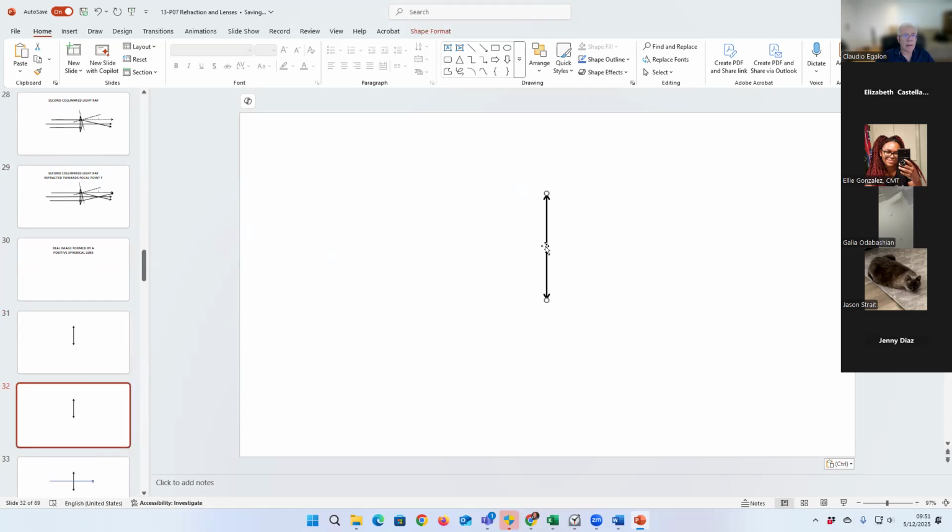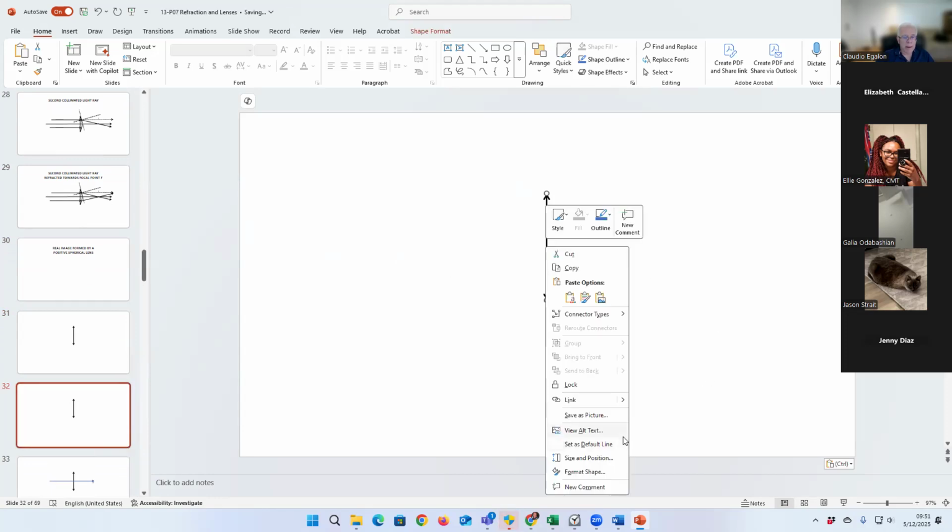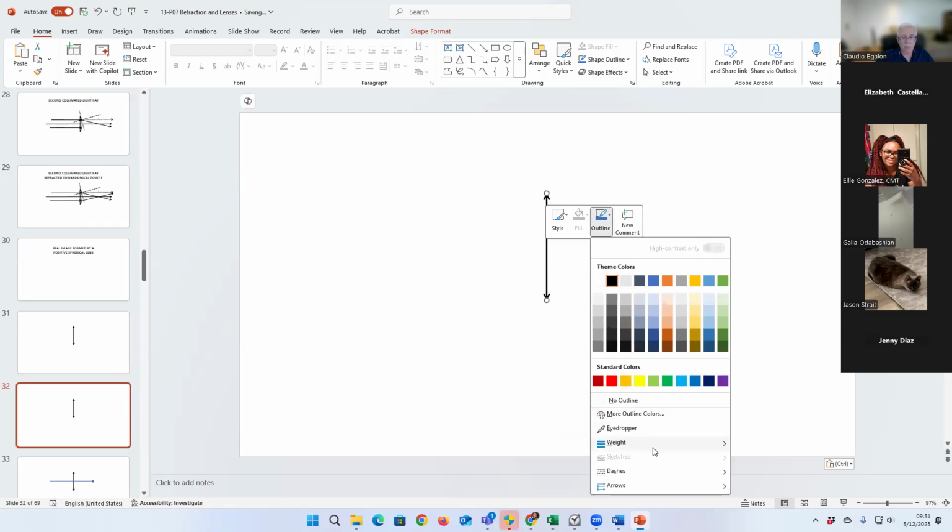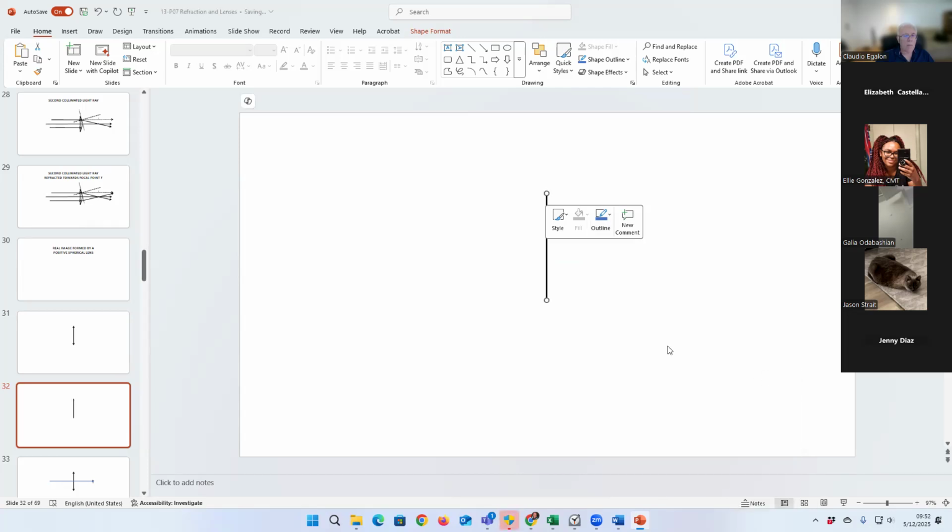I can draw a negative lens as well. A negative lens is going to be drawn like that.